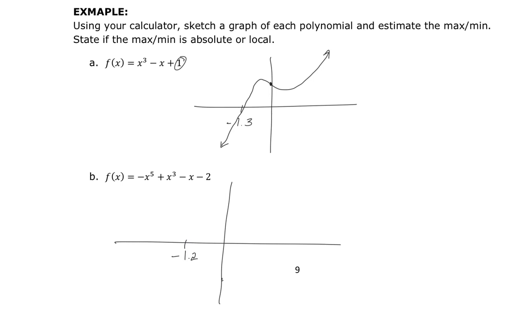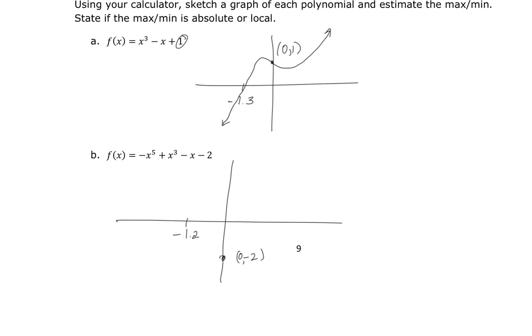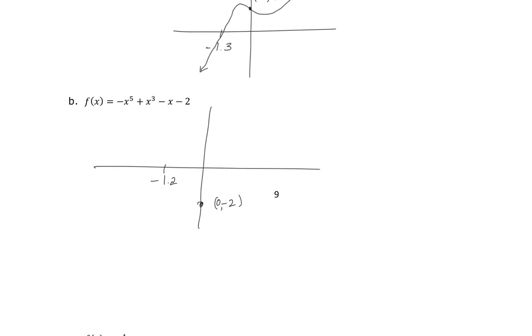My y-intercept is negative 2, so this is 0, negative 2, just like this is 0, positive 1. This is kind of a cool graph. It comes and does this kind of thing, kind of wants to go do this, then it evens out, and then does that. Because I have some kind of horizontal slides, that means I have some complex numbers going on.